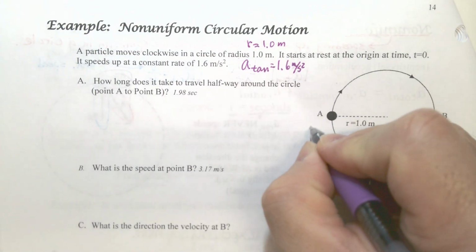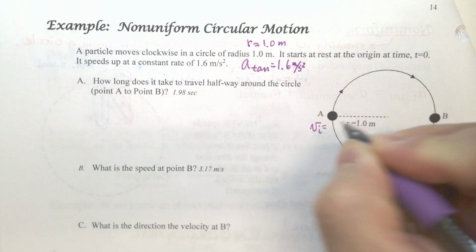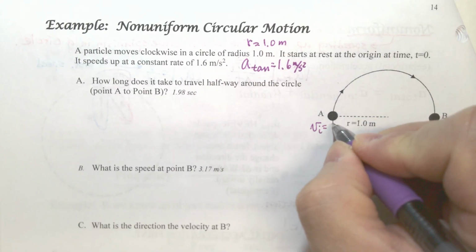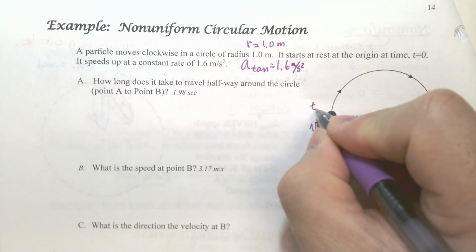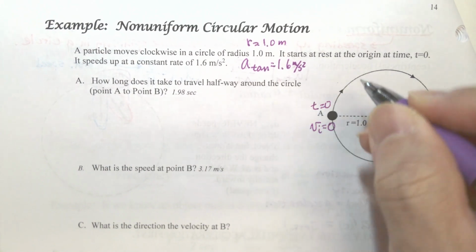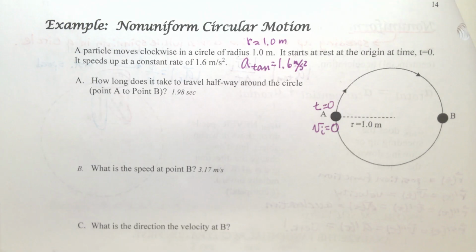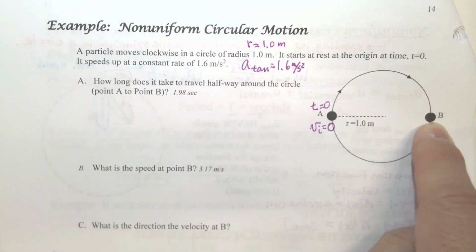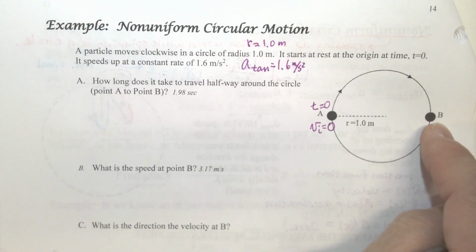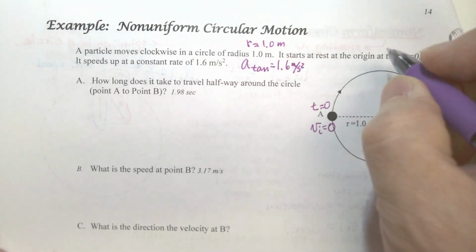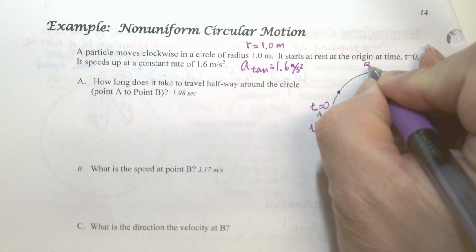We know the initial velocity, v initial at point A, which is 0 when t is equal to 0. What else do we know? It travels from A to B, which is halfway around the other side for part A. So what is the length traveled, my arc length s?